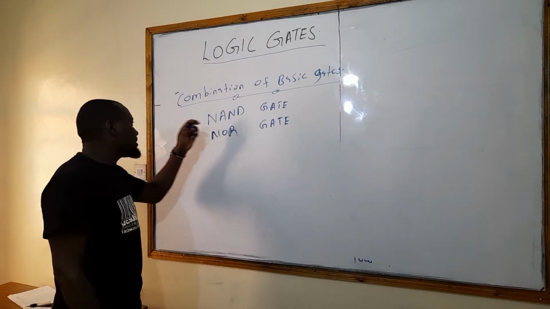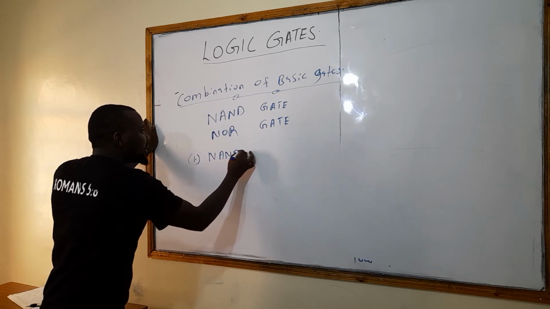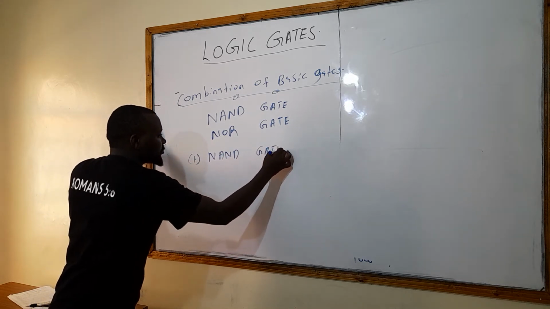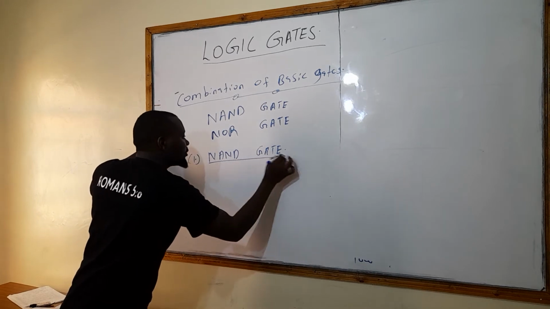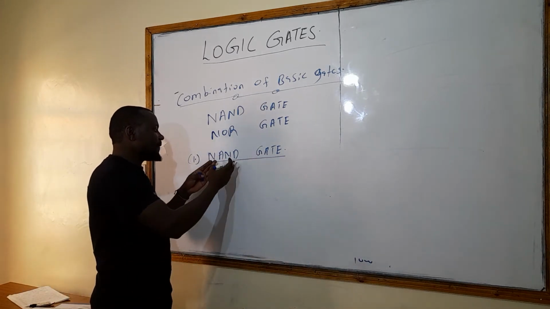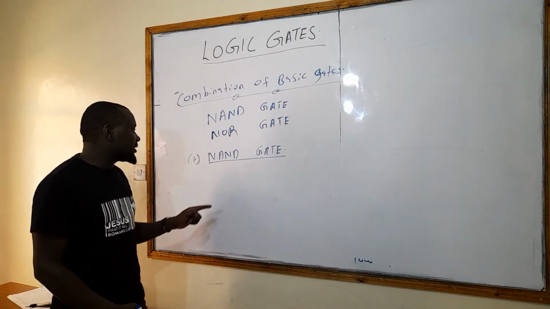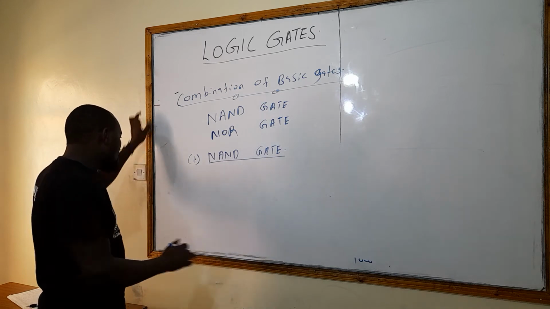So let us discuss the first one, the NAND gate. A NAND gate is a combination of an AND gate and a NOT gate. This is how we obtain that.